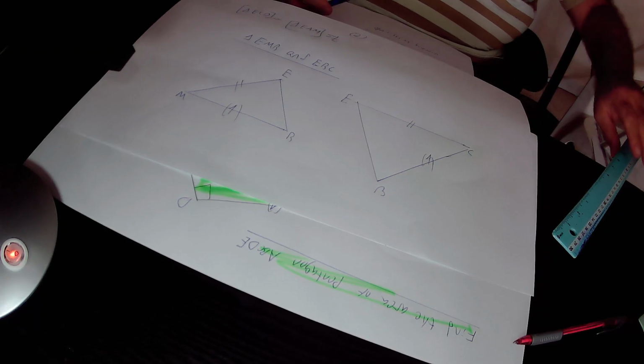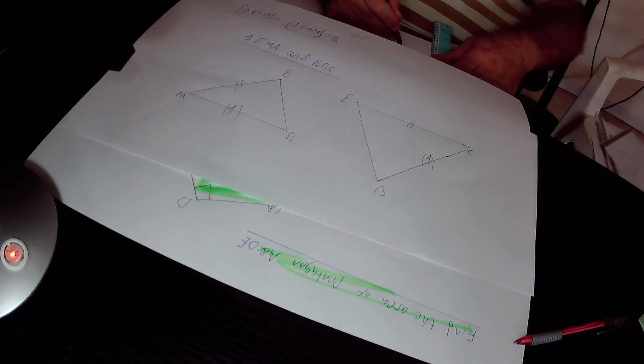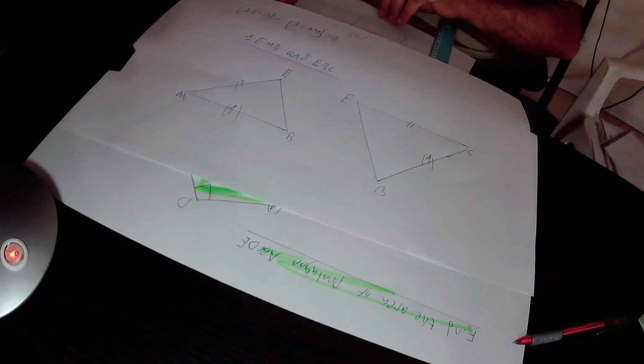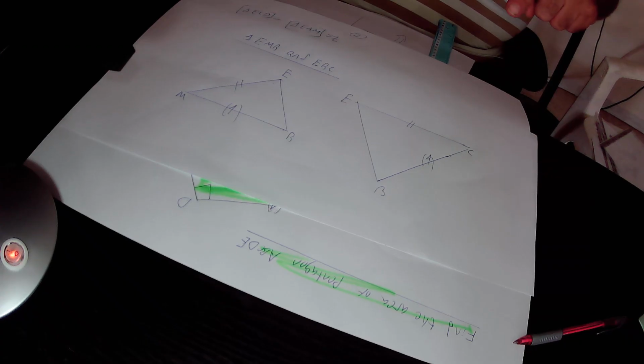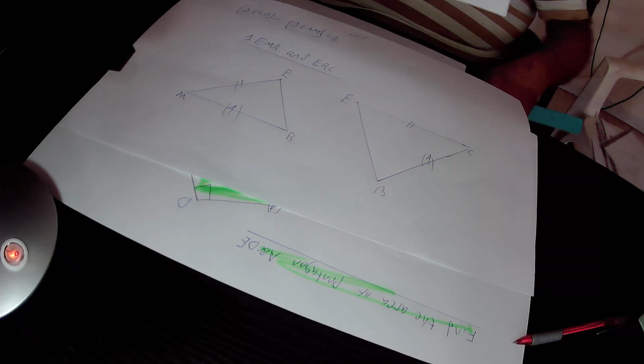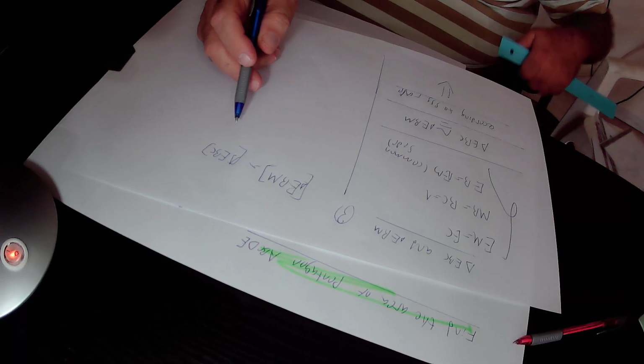Again, the area of triangle EBM is equal to the area of triangle EBC because they can coincide with each other.